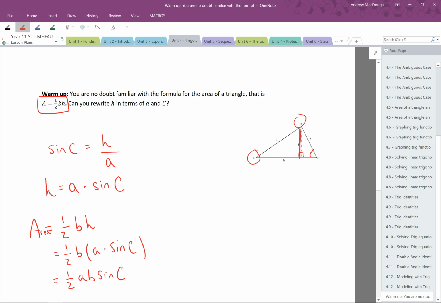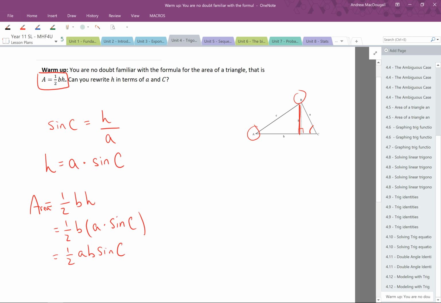So really what this says is that the area of a triangle is 1/2 times the product of two different side lengths times the sine of the angle between them. So you can use any two sides and the angle between them in this formula for the area of a triangle.